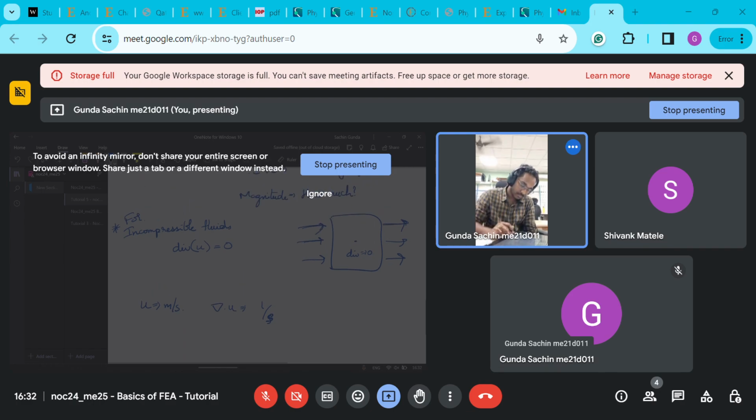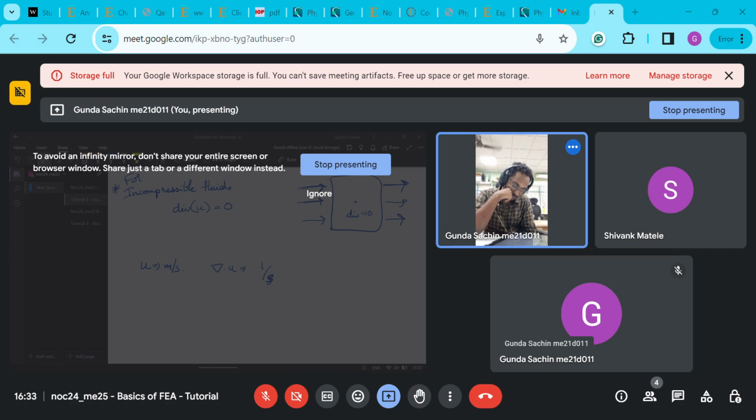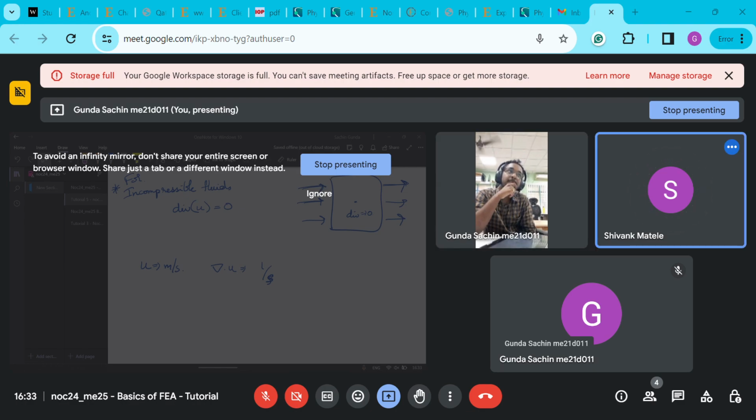Okay, we need to take flux. This velocity per unit area.